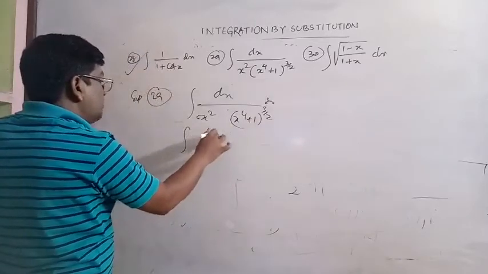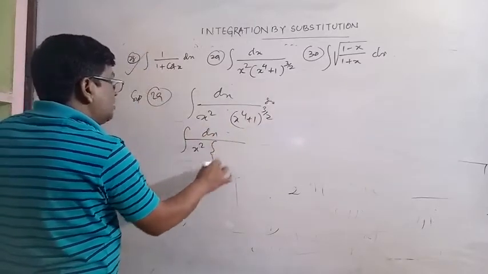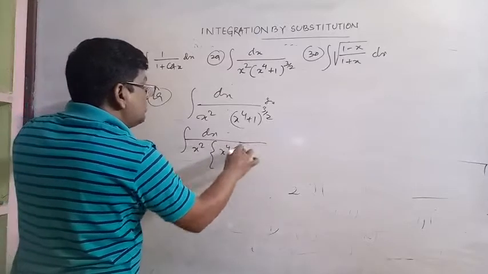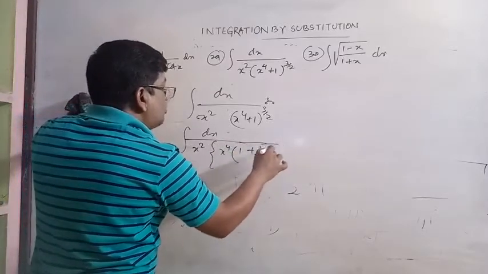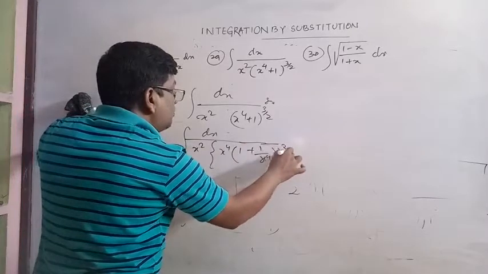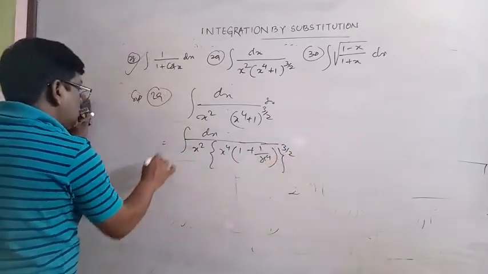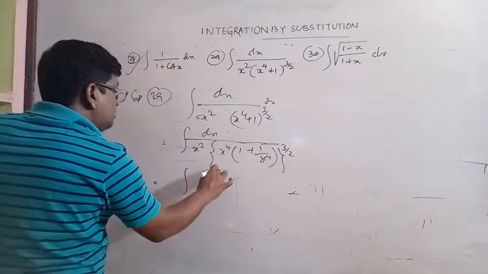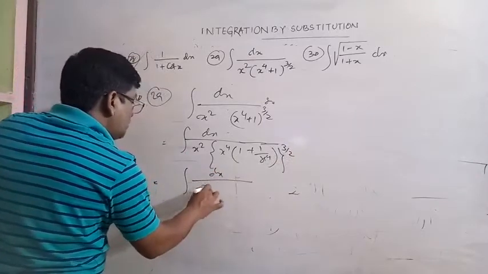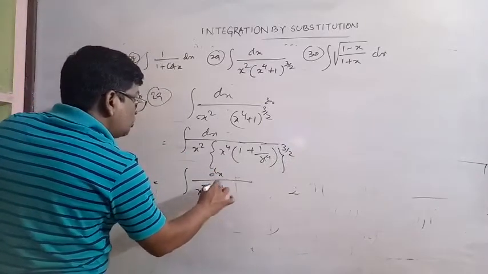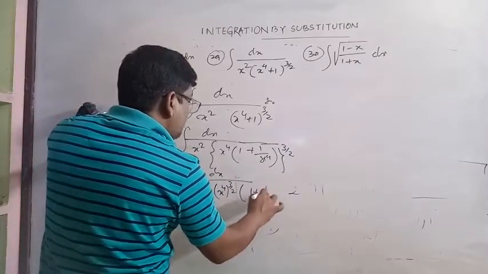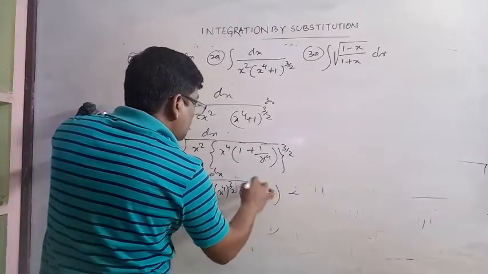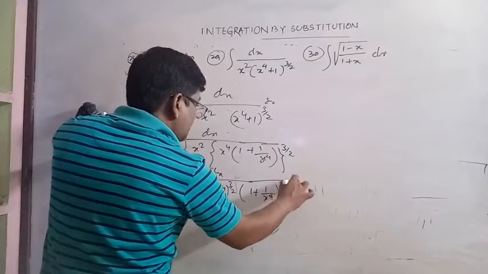Taking x fourth common, this is 1 by x fourth whole to the power 3 by 2. So this is equal to dx by x square and x fourth to the power 3 by 2, and then 1 plus 1 by x fourth to the power 3 by 2 dx.